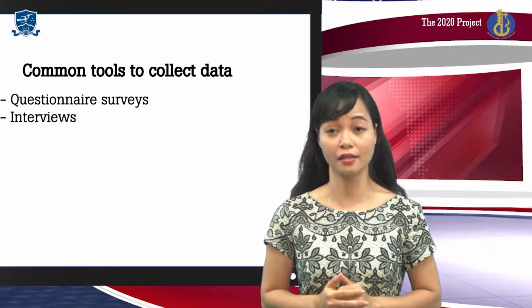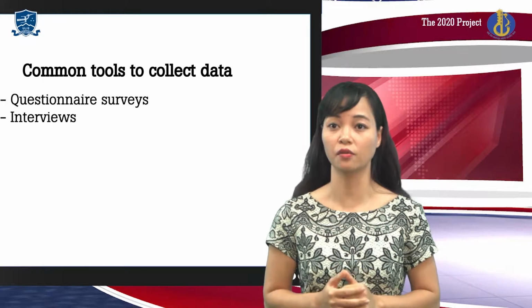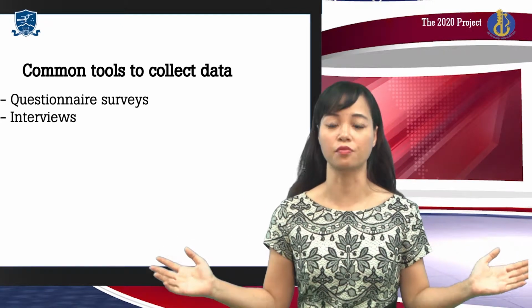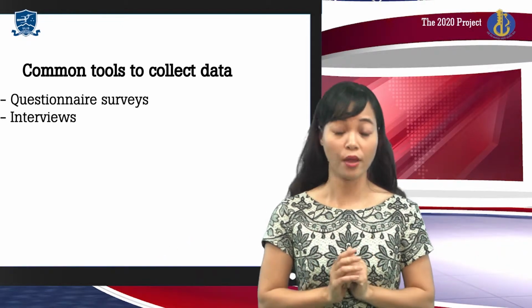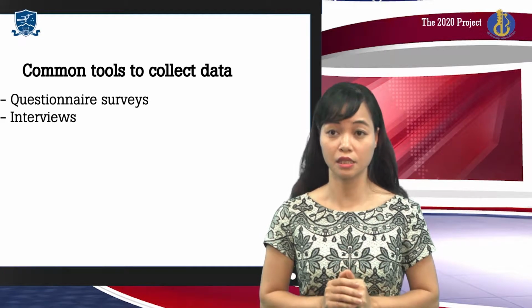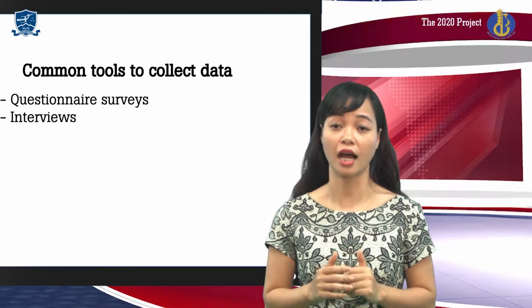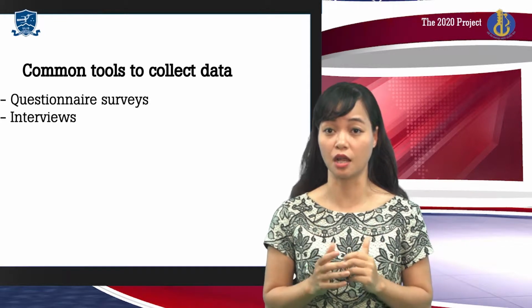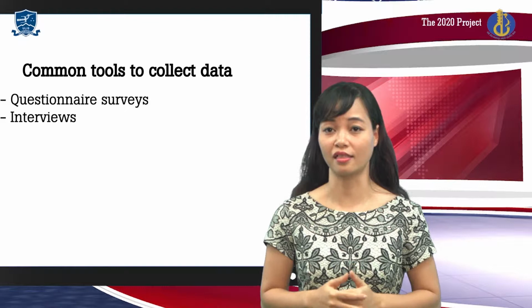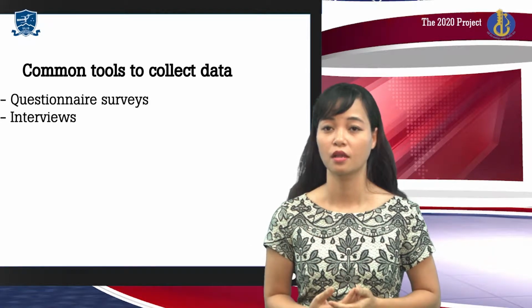The data from interviews can be used to triangulate or expand the findings from the questionnaire surveys. However, both of these tools are limited in the regard that we can only gather information regarding the participants' perception about those issues rather than their actual behaviors.